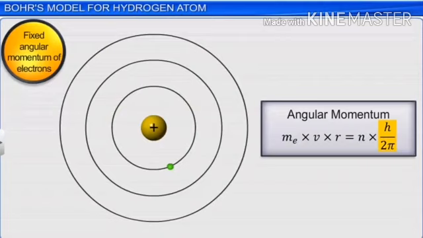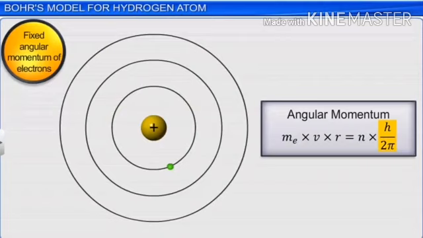This angular momentum is equal to n h by 2 pi, where n has a value of 1, 2 or 3 depending on the orbit in which the electron is revolving, whether the first orbit, second orbit or third orbit.